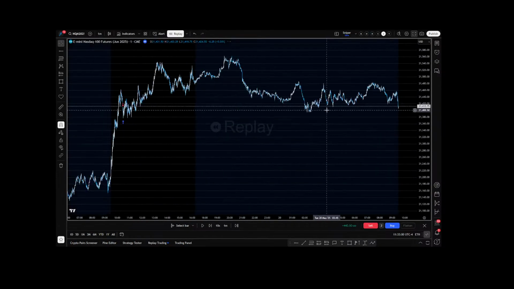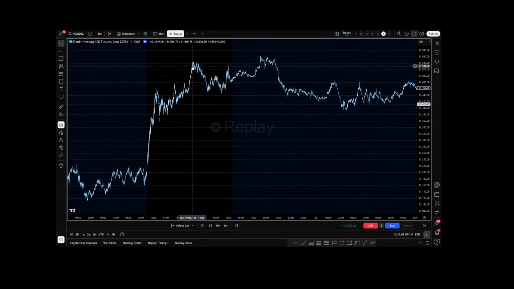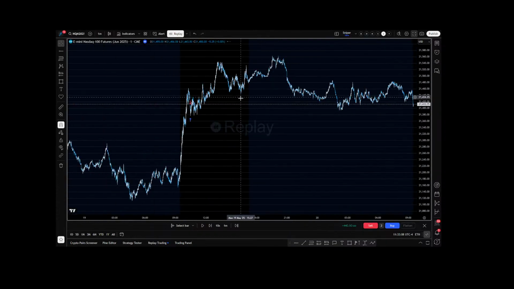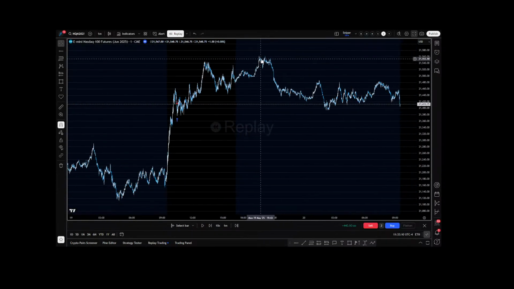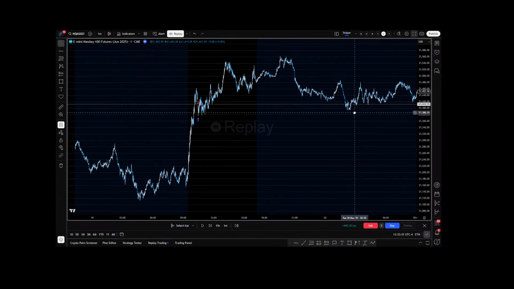Tuesday overnight price action. Right, what happened? We swept Monday's high during Asian session here. Dropped off and just fairly sideways price action.